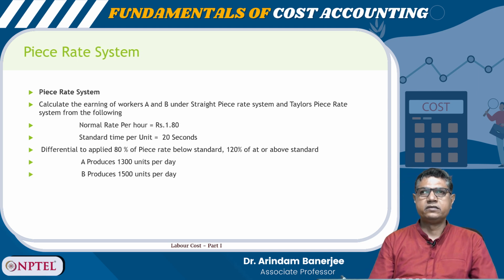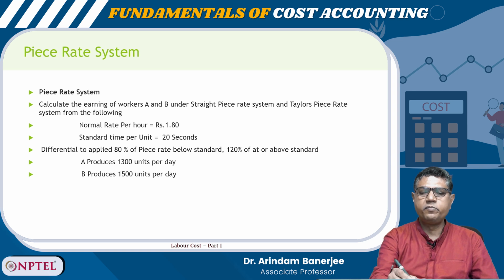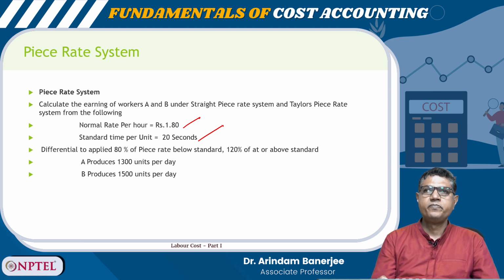In the piece rate, there is another example. Calculate the earnings of workers A and B under the straight piece rate system and the Taylor's differential piece rate system from the following. Normal rate per hour is 1 rupee 80 paisa. Standard time per unit is 20 seconds.